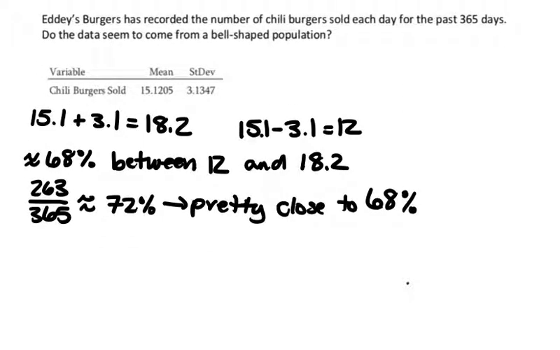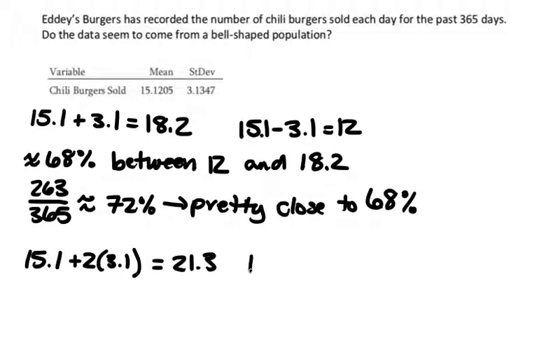For the 95%, that's within 2 standard deviations of the mean. So I would take my mean, 15.1, and add 2 times the standard deviation, which is 3.1. Using a calculator, I get 21.3.